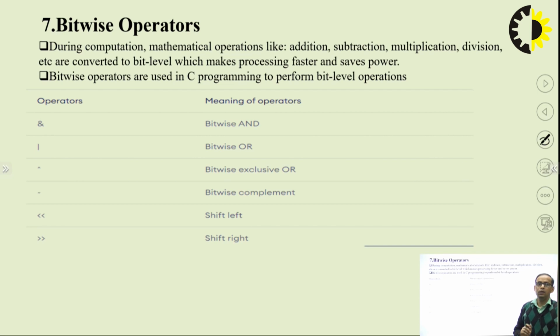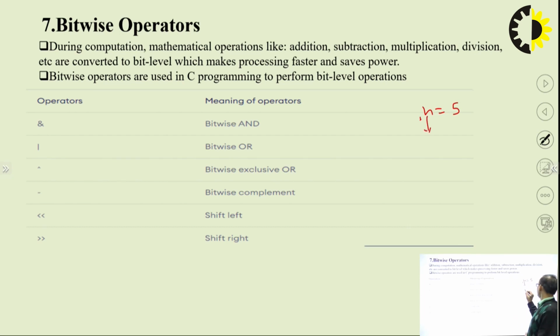Next one is the bitwise operator. Bitwise operator basically deals at the bit level. Bit level means, suppose we have a number n is equal to 5, then at first we represent it in binary form.